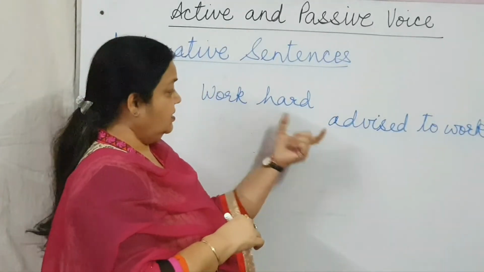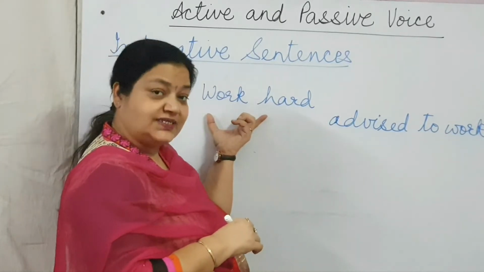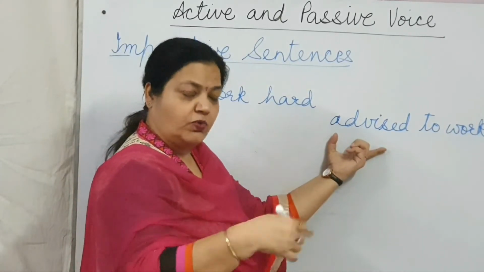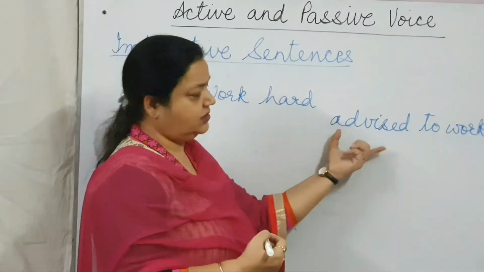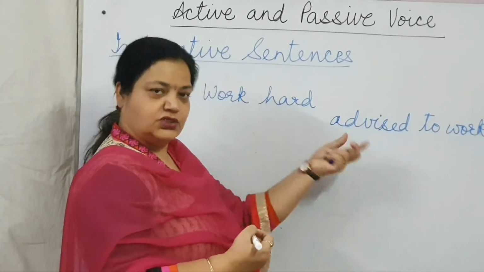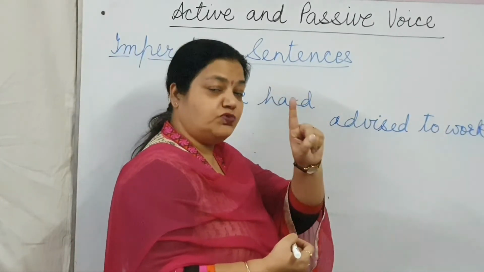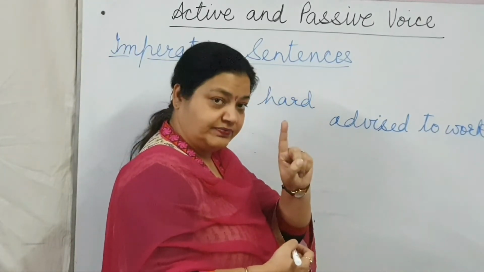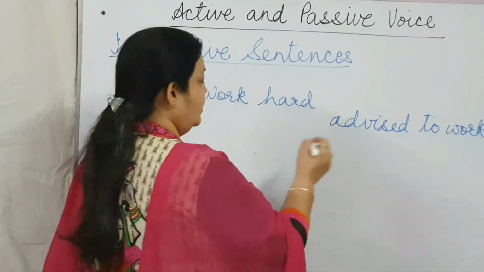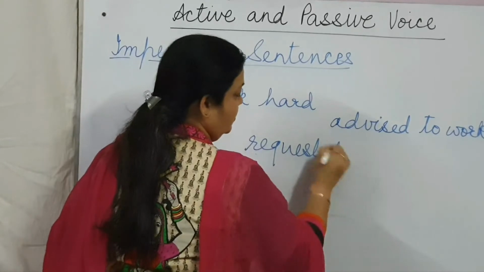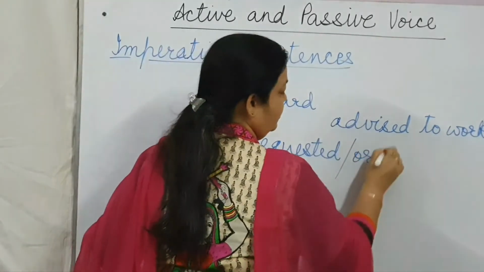Meaning the emotion is caught, here advice is given. So whatever we want to convey, that is caught. So here advice is given. So we write advised. Then to is added and then the first form of verb is there. Or requested, or ordered.